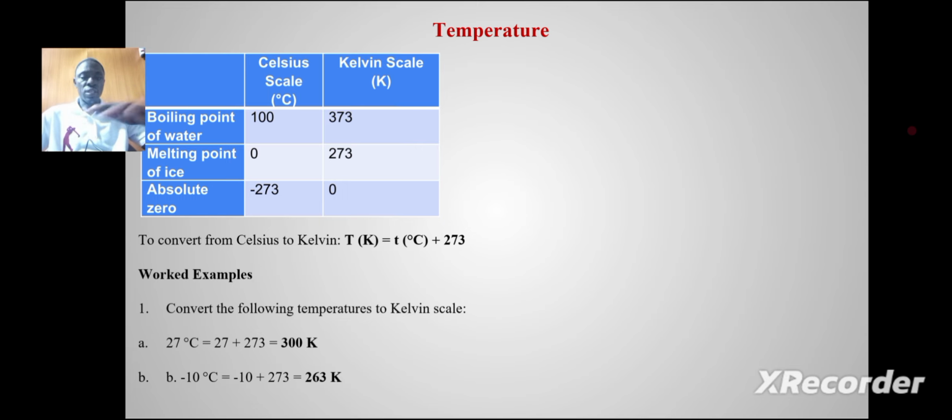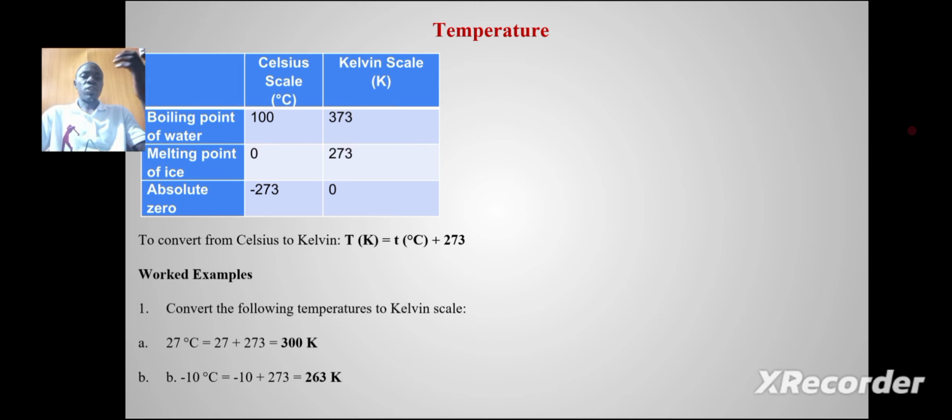So as you can see in these examples, it says convert the following temperatures to the Kelvin scale. First is 27 degrees Celsius. Just add 273 to it, and you get 300 Kelvin.